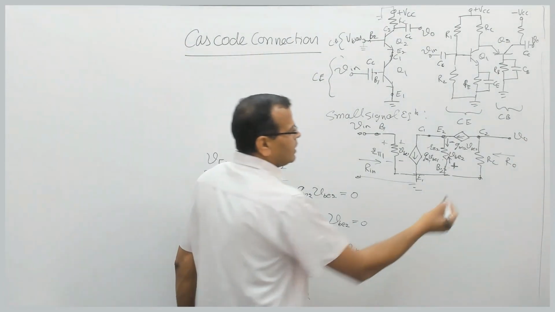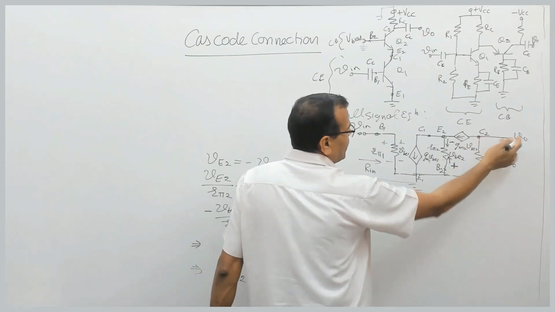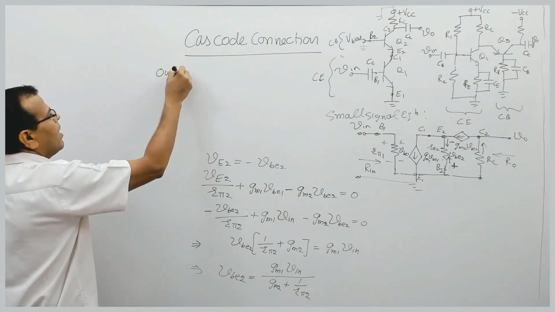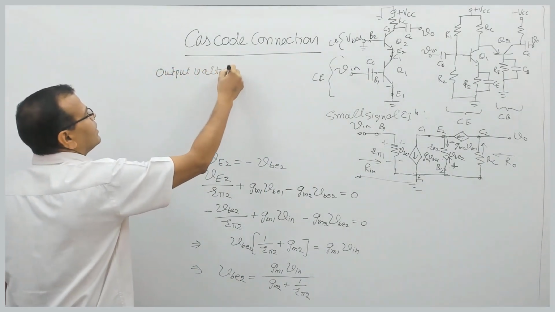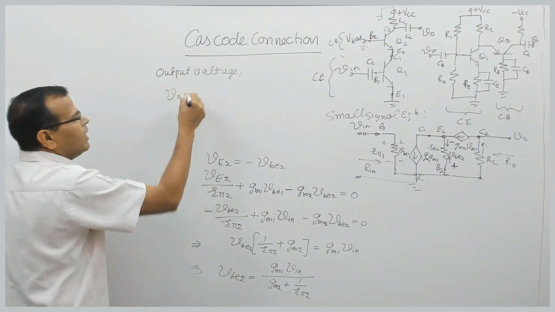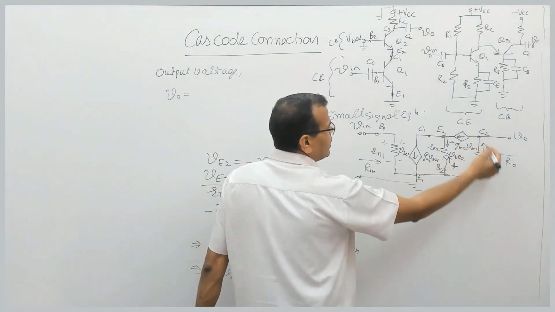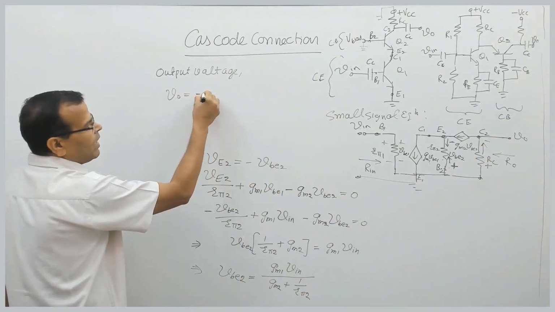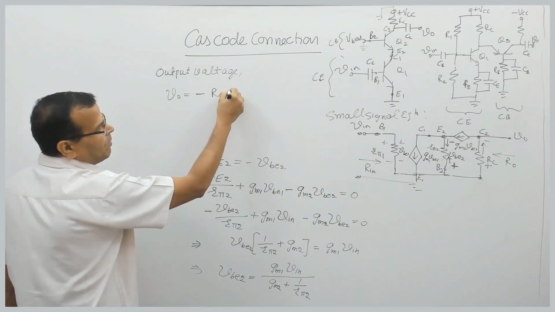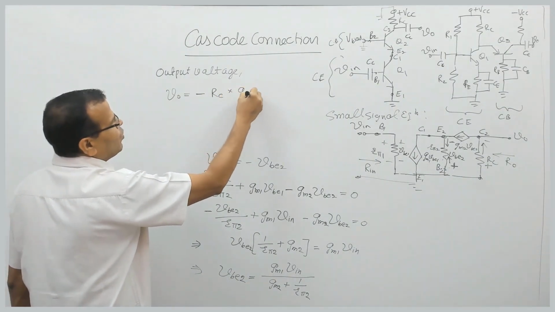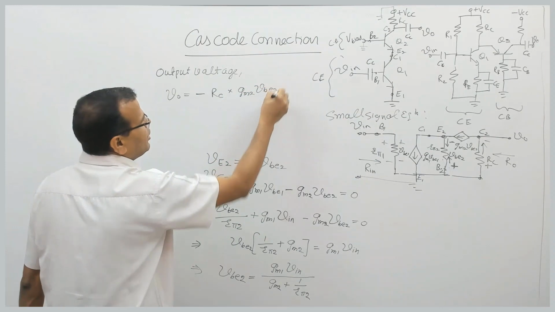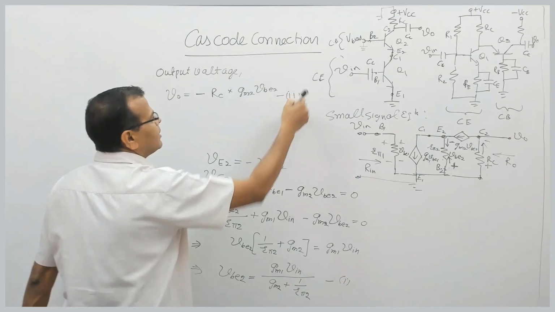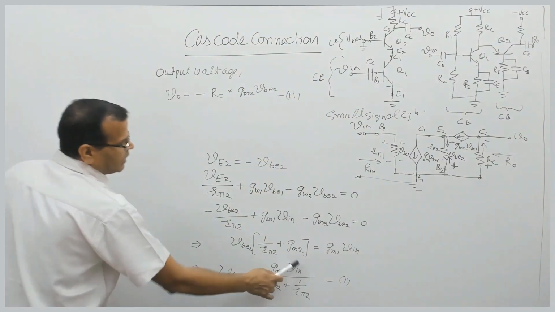Now, if you see the current, this is open terminal, so this current must be going this way. So output voltage V0 is equal to, this current is going this way, so this must be plus, this must be minus. V0 will be equal to minus RC multiplied by GM2 into VBE2. Say this is equation 1, this is equation 2. I can replace VBE2 by this expression here.